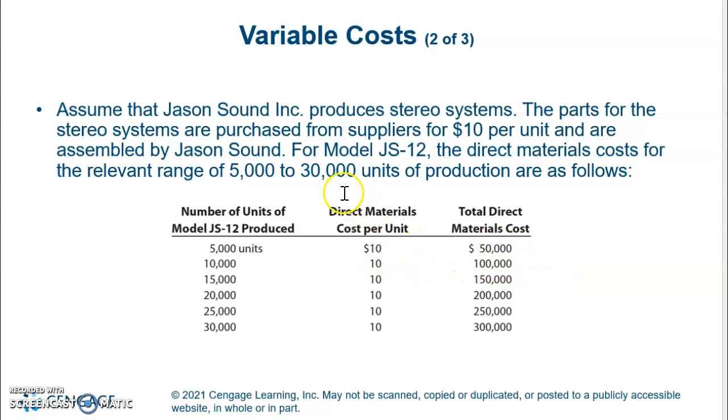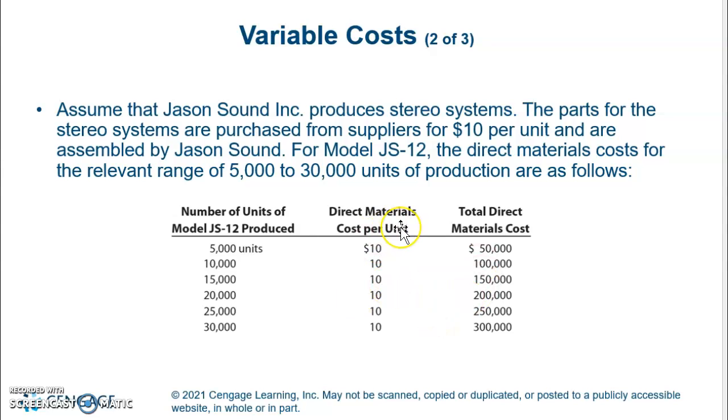And this is the direct materials variable cost per unit. That means the variable costs remain constant per unit, per every stereo unit, or the number of units produced, it is $10. That stays constant, but as volume increases, the more that we produce, the more the variable costs go up.